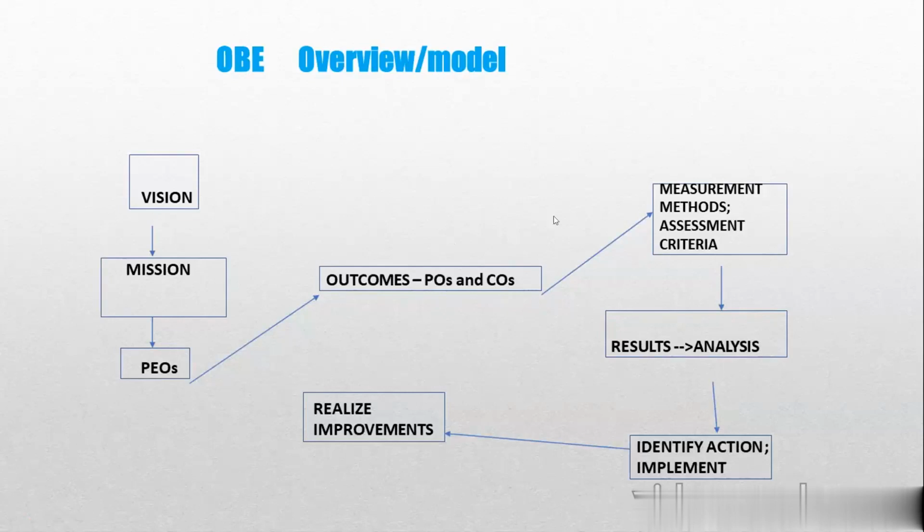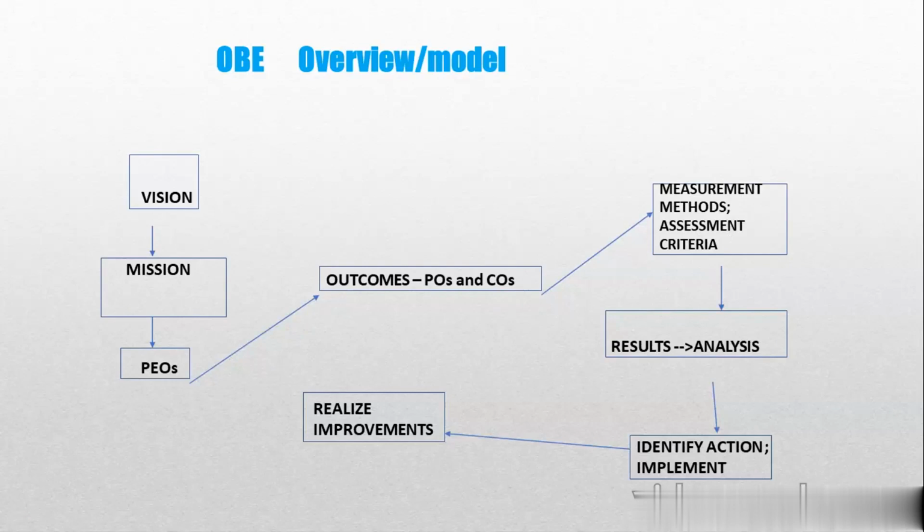Now, when these COs and POs are defined, they are to be assessed. There are measurement methods like assessment and assessment criteria, so we need to measure the attainment of these course outcomes and program outcomes.